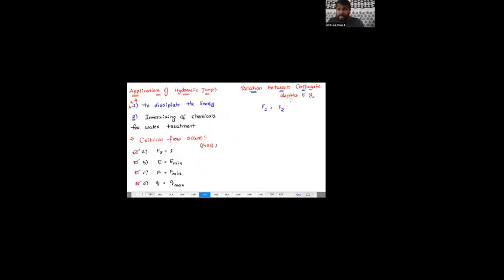What are conjugate depths? The same specific force, which means Q squared by g A1 plus A1 Z bar 1 is equal to Q squared by g A2 plus A2 Z bar 2, where Z bar is the centroid depth.